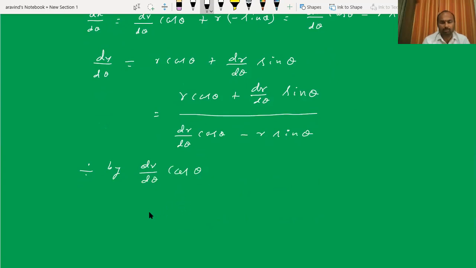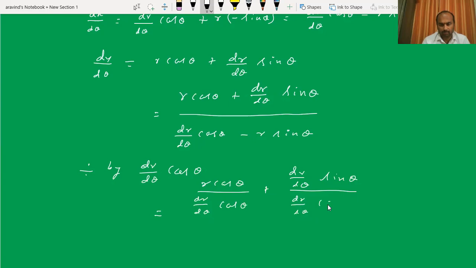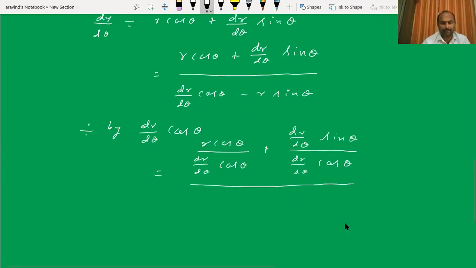So we get r cos theta divided by dr by d theta cos theta, plus dr by d theta sin theta divided by dr by d theta cos theta, whole divided by 1 minus r sin theta divided by dr by d theta cos theta.